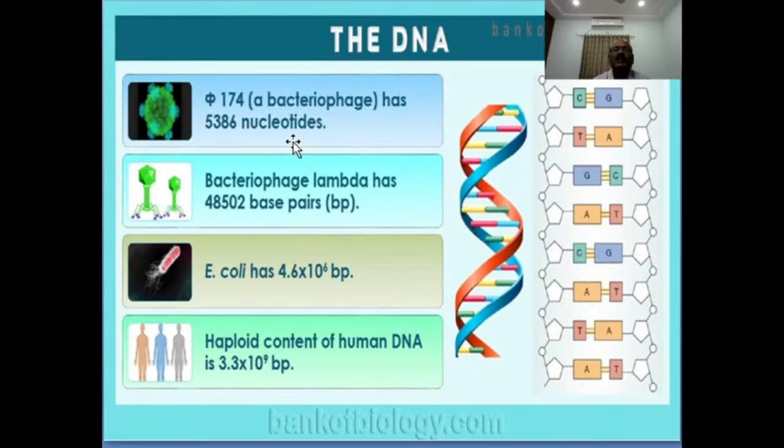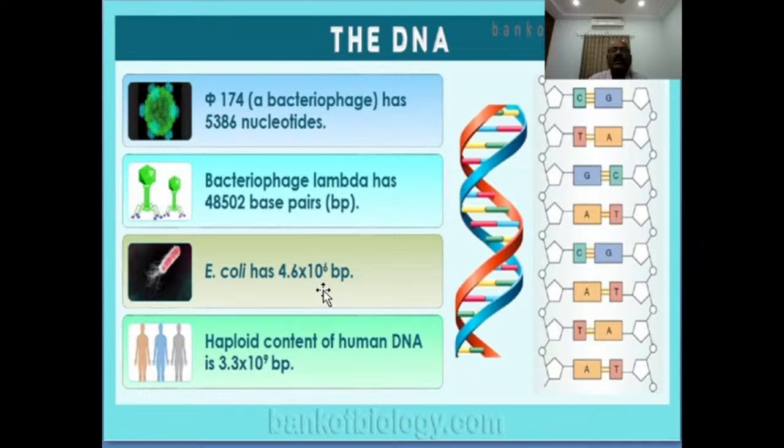In lambda 174, DNA is a single strand. Here, DNA is a double strand, so that 48,502 base pairs are there. Escherichia coli has 4.6 into 10 to the power of 6 base pairs.